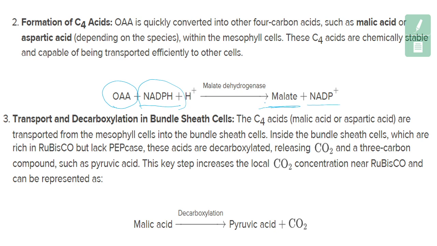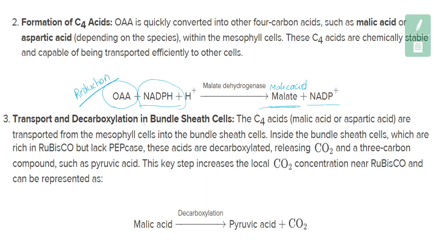This malate again releases H plus ions to NADP plus in the bundle sheath cell. In this manner, NADP and NADPH are interchanged through malate. First is the carboxylation reaction, and this is the reduction reaction.